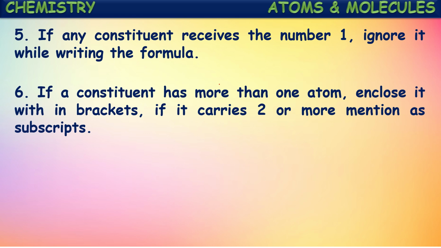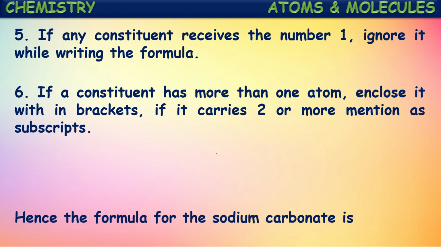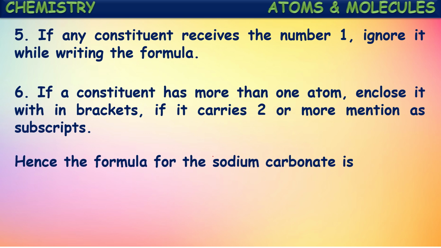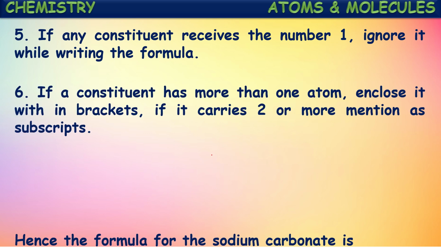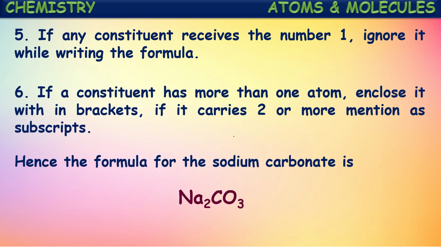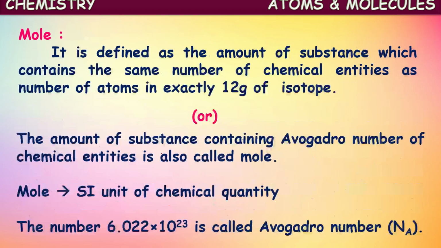That means the one carrying a subscript number of 2 or more than 2 must be enclosed within a bracket. Hence the formula of sodium carbonate is Na2CO3. See here, we interchanged the numbers and finally got Na2CO3.